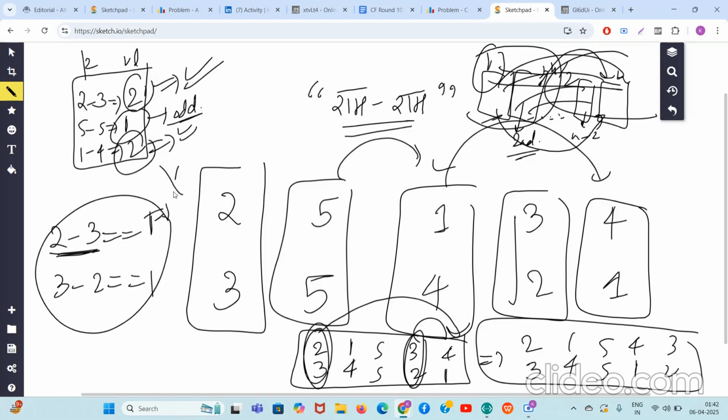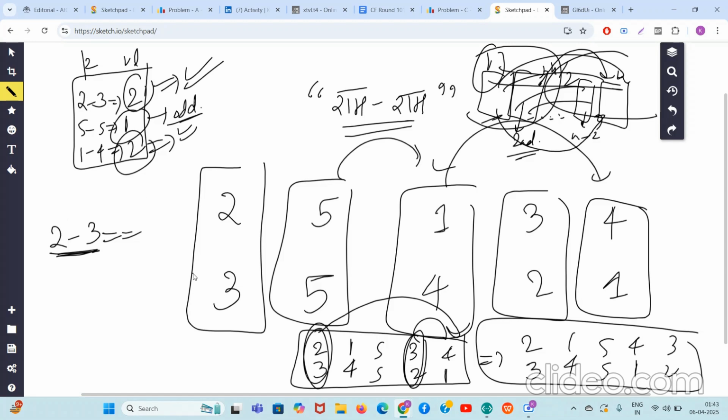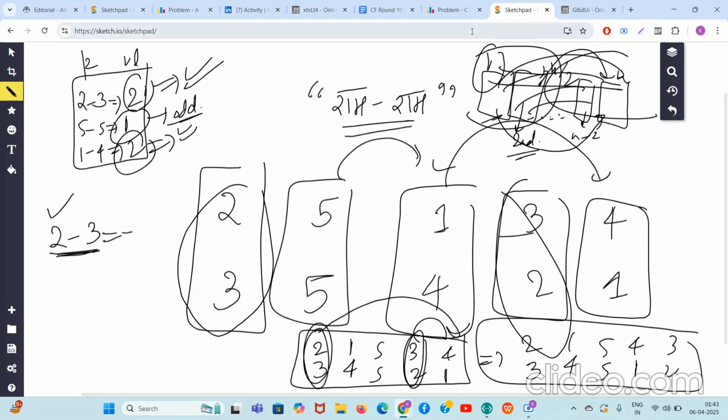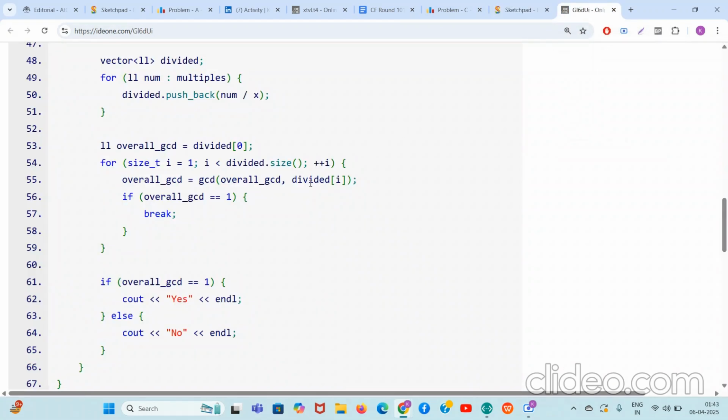This is wastage. Don't do it like this. You should just know that 2 comma 3, even if its reverse is coming, you consider that also as 2 comma 3 only. That's why, no matter what the numbers, whatever is the minimum of both of them is the first value, and whatever is the maximum of both of them is the second value.